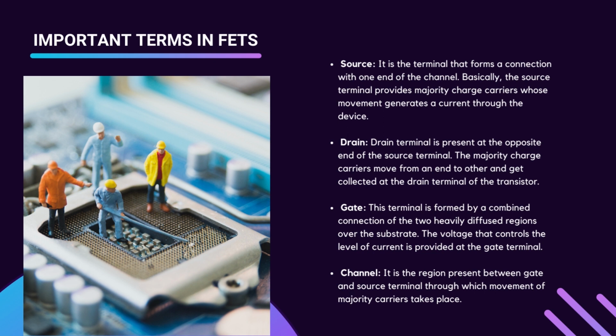The next term is gate. This terminal is formed by the combined connection of two heavily doped diffused regions over the substrate. The voltage that controls the level of current is provided at the gate terminal. The next term is channel. The channel is the region present between the source and the drain terminal through which the movement of majority carriers takes place.